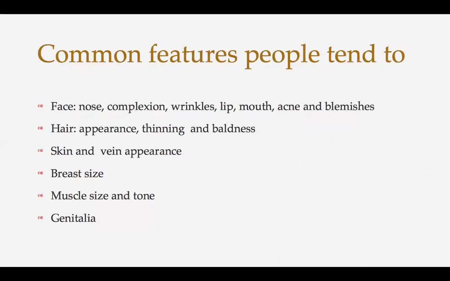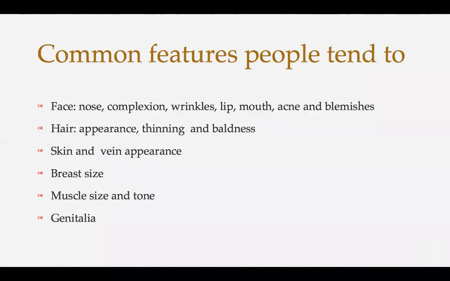Now, some of the common features that people tend to worry about include, in the face, the size and length of the nose, the complexion of being fair or dark, wrinkles, the size and shape of the lips, mouth, acne and blemishes.